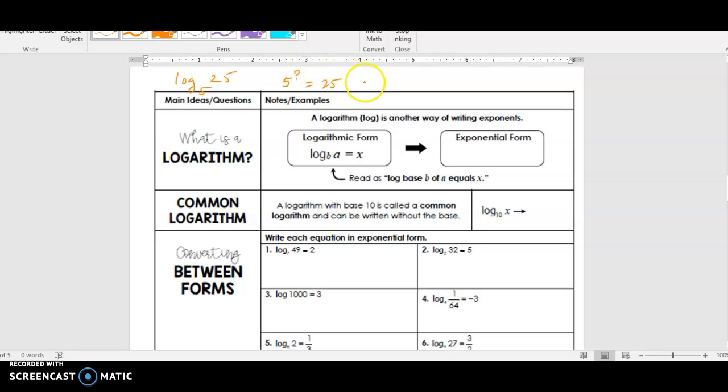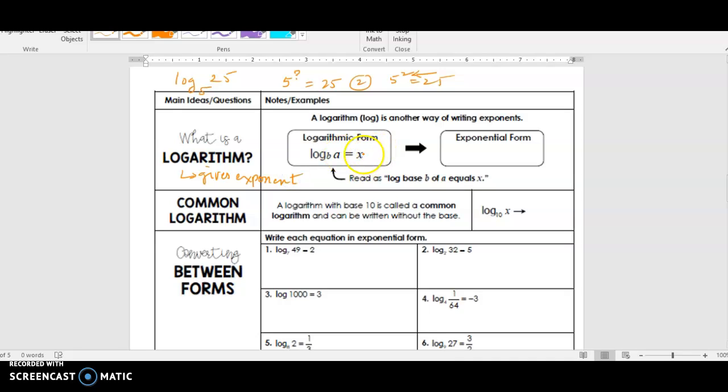And of course your answer will be 2, isn't it? Which means that 5 squared is 25. So logarithm actually evaluates to the exponent. So what is a logarithm? Logarithm gives exponent.